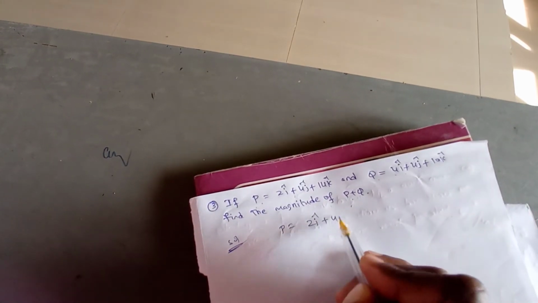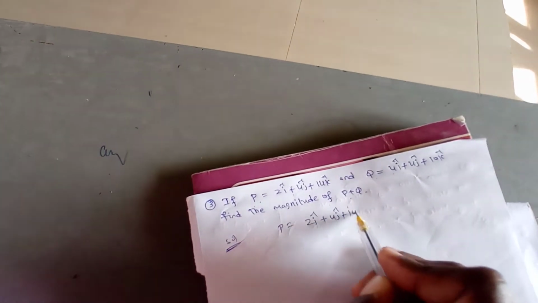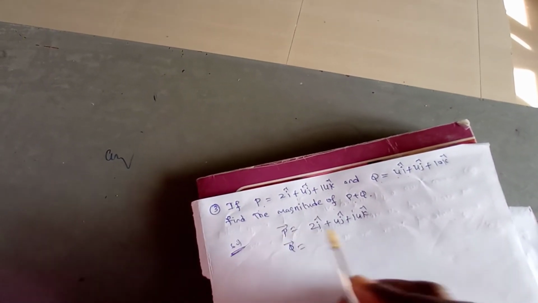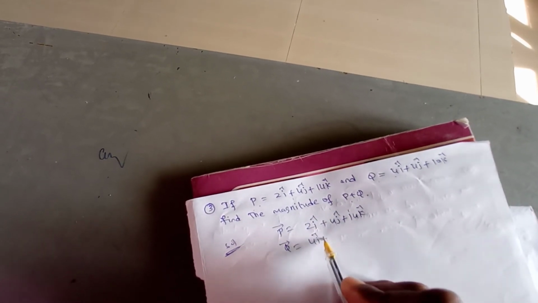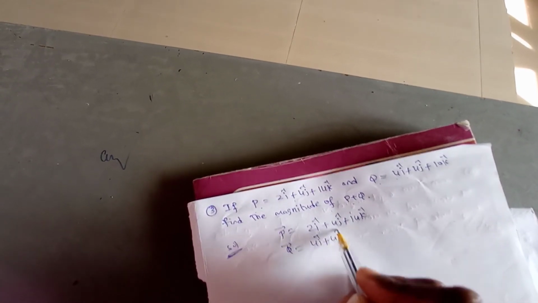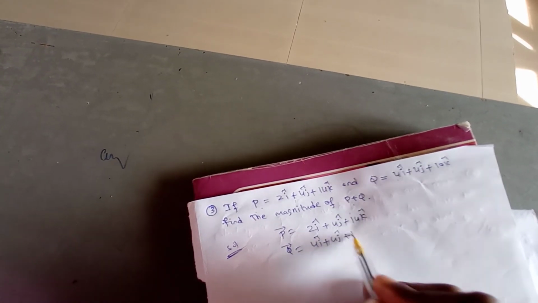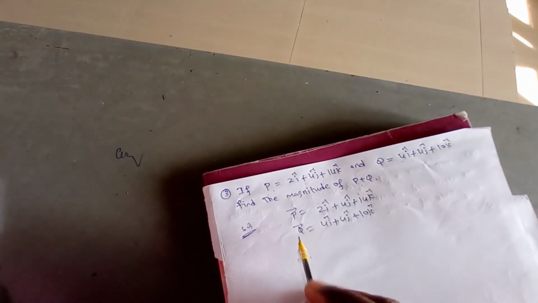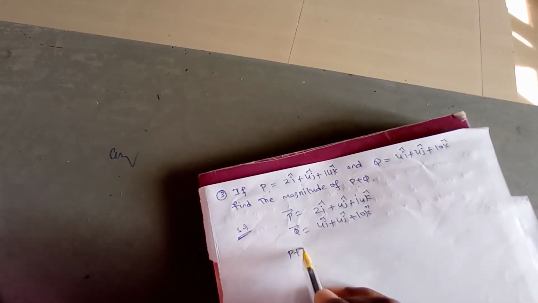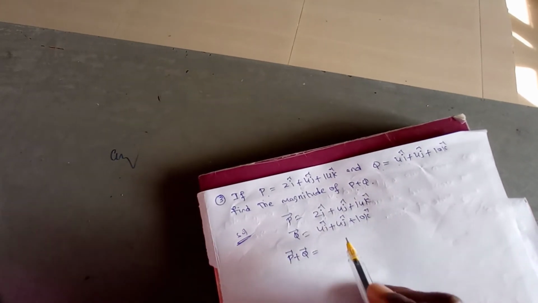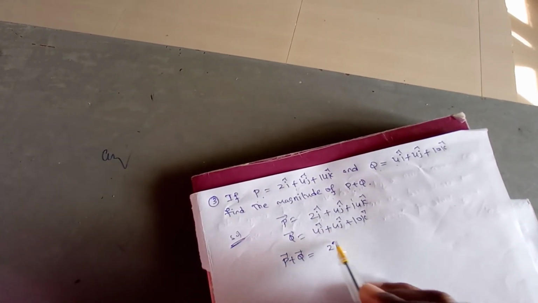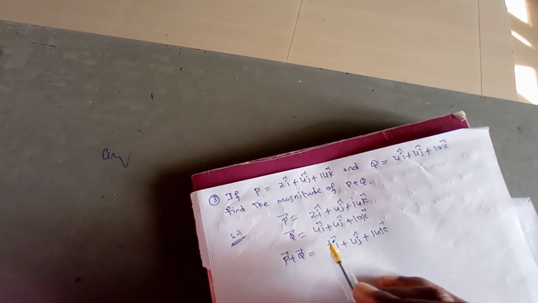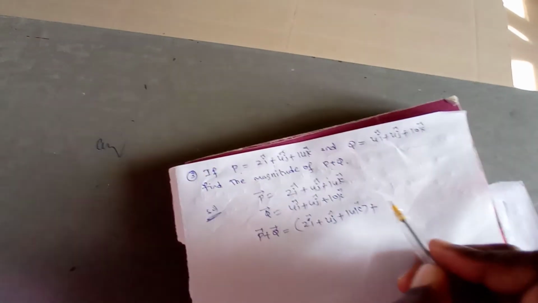2 i cap plus 4 j cap plus 14 k cap. What is vector q? 4 i cap plus 4 j cap plus 10 k cap. First of all, let us add these two, p plus q. What is p plus q? 2i plus 4j plus 14k plus, what is vector q?